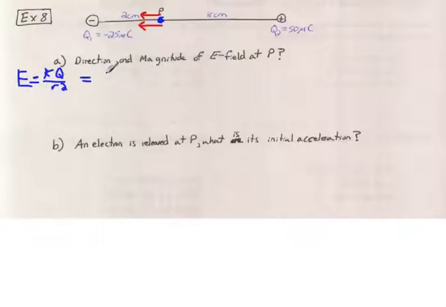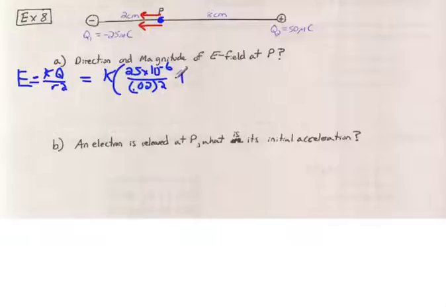Okay, so let's just factor out a K, I think, and let's see what we've got. So we've got charge 1, let's say 25 coulombs. Oh, microcoulombs again. 25 times 10 to the negative 6th, and that is 2 centimeters away, so 0.02 squared on the bottom. Is that right? I think so. Let's make this bigger.